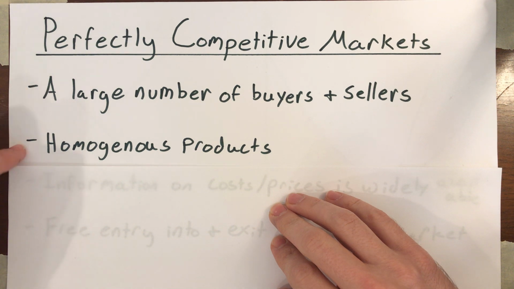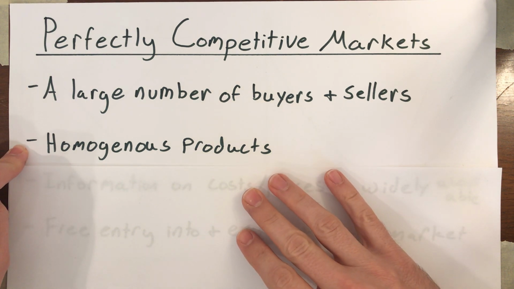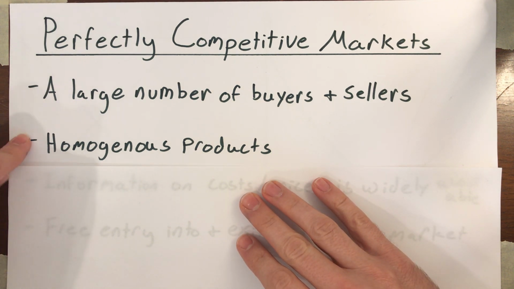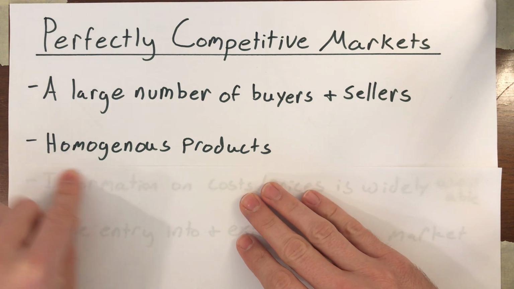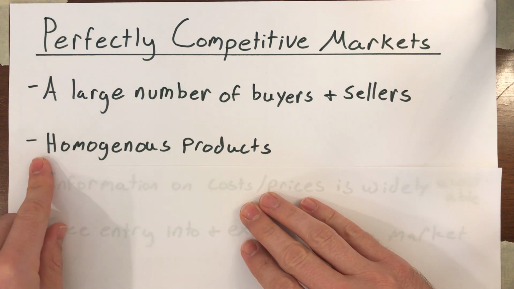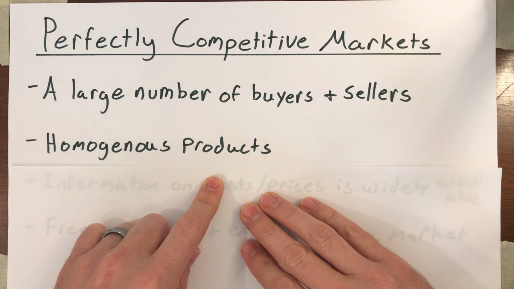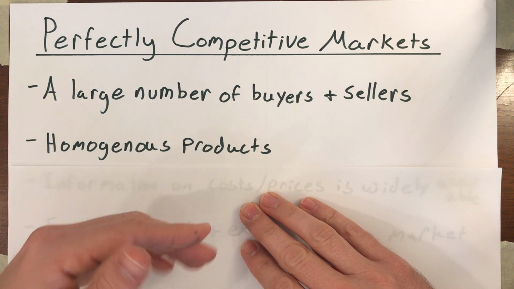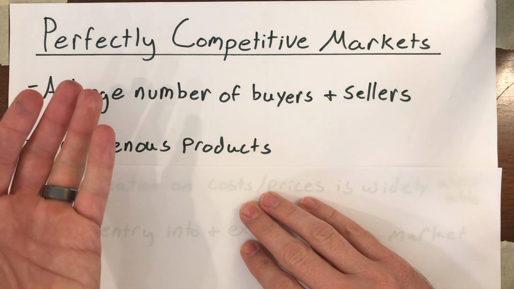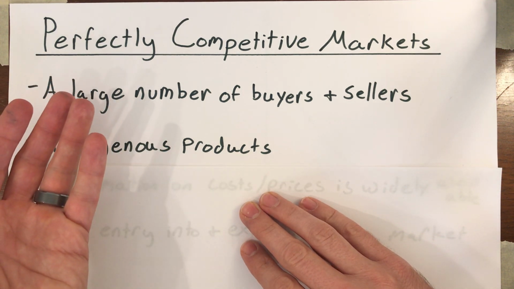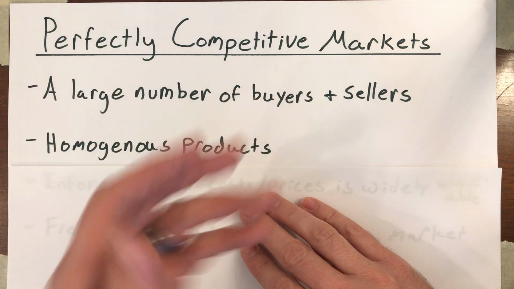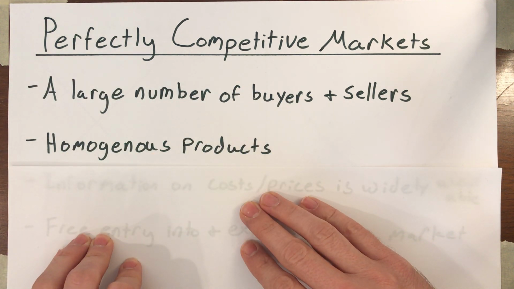Put those two things together, and what that means is every firm is going to have to just accept the market clearing price. You cannot raise your price above your competitors, for one thing, because you're selling exactly the same thing that they are. And so if your customers see you selling at a price that's a penny higher than your competitors, they're just going to prefer to go purchase from a competitor instead.